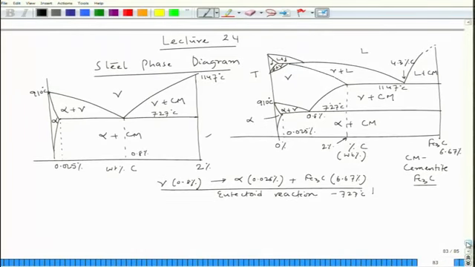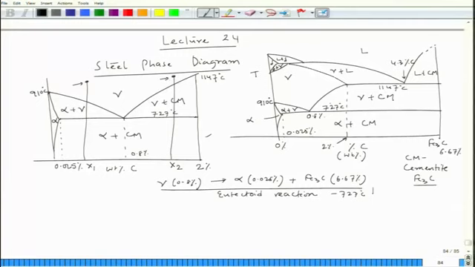Now, similar to the eutectic system, if I take a composition here or here, let us say this is x1 and this is x2, and I start from this point and this point, it will be entirely gamma.